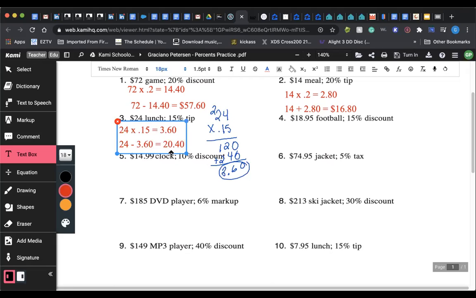Wait a minute, I thought it was a 15% tip. So aren't you adding it to the $24? Yep. You're right. Good. All right. So we add tips. So it's $27.60. Very good.